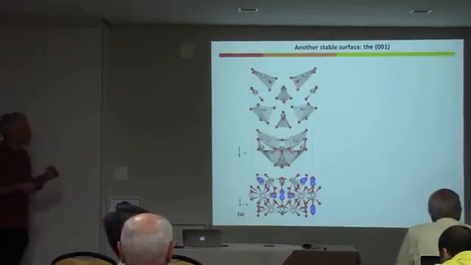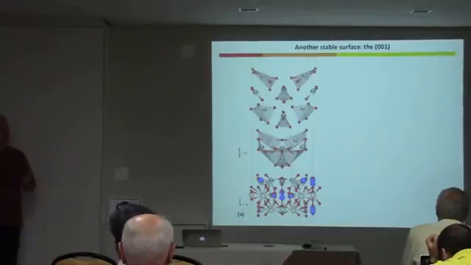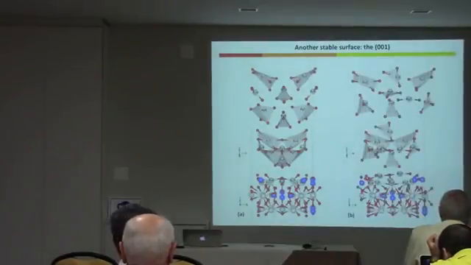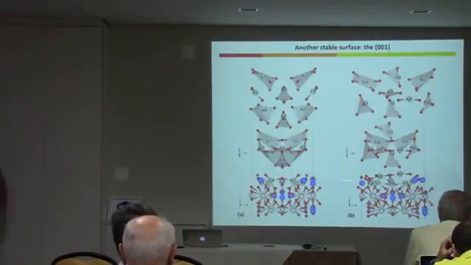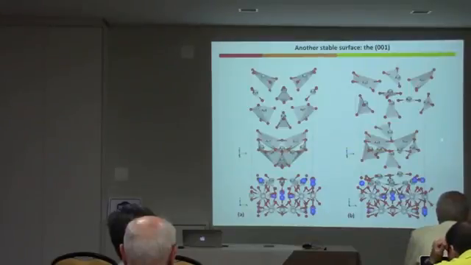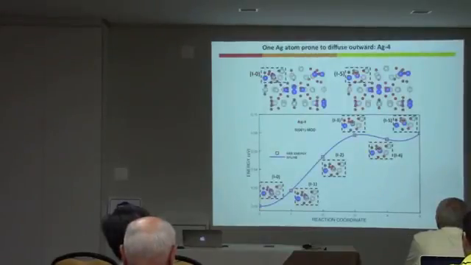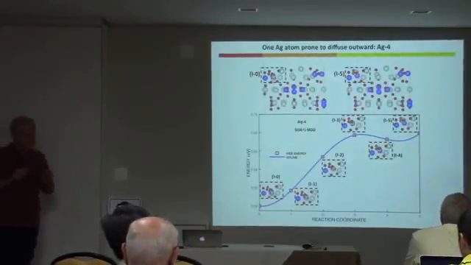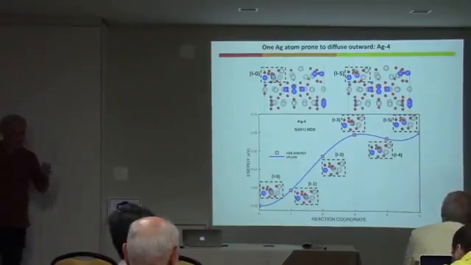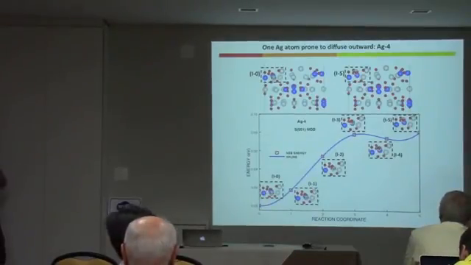However, I am using ab initio molecular dynamics simulations. We found that this surface can reconstruct, the atoms from the first layer rearrange strongly, and they can change to this kind of clusters now. So we again study the surface, looking at the different silver atoms that can initiate the diffusion process.